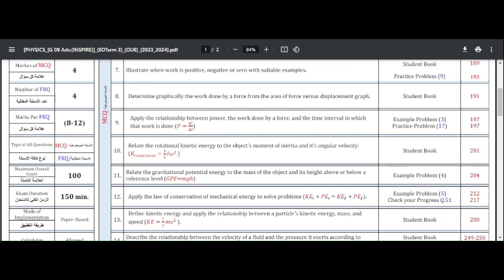In that you can see that the stone is moving upward, so the displacement is upward, but the force of gravity is downward, right? So the displacement is up, the force of gravity is down. The angle between the direction of gravity and the direction of the upward movement of the stone is 180 degrees. So you will again have cos 180 equal to negative 1. So the work done will be negative.